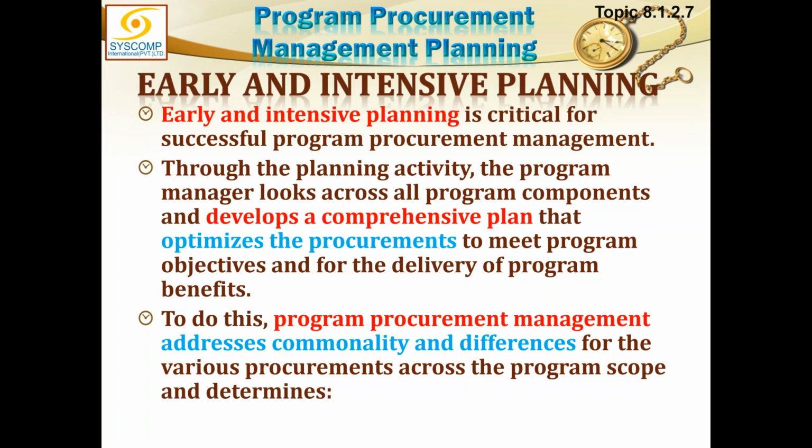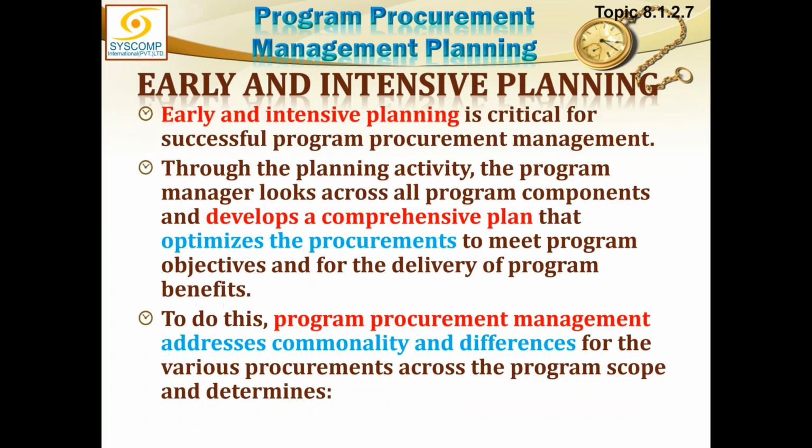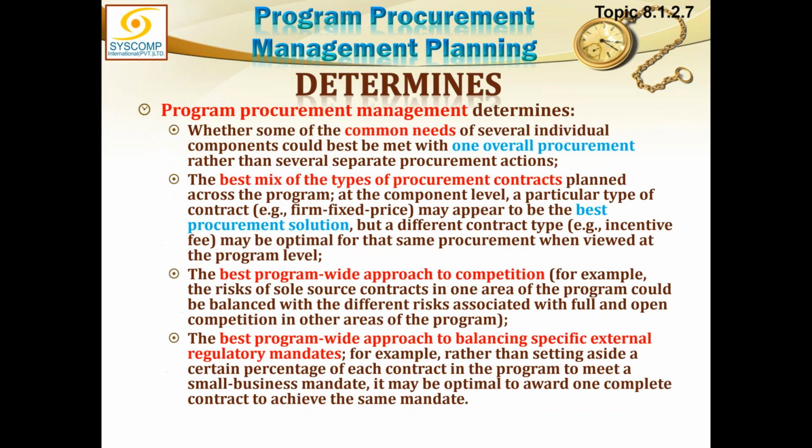To do this, program procurement management addresses commonality and differences for the various procurement across the program scope and determines, number one, whether some of the common needs of several individual components could best be met with the overall procurement. That is the centralization of procurement.